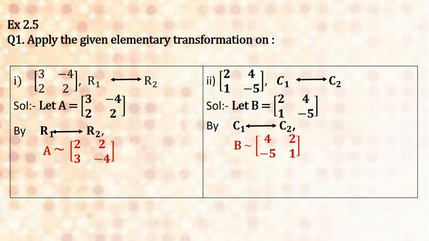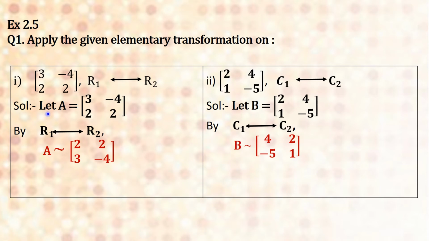Now we will start solving the sums of exercise 2.5. Question number 1. Apply the given elementary transformation on the first matrix, [3 -4; 2 2], and the transformation we have to use here is R1 and R2 are interchanged. A two-sided arrow, a double-headed arrow, we use for interchange of rows or columns.